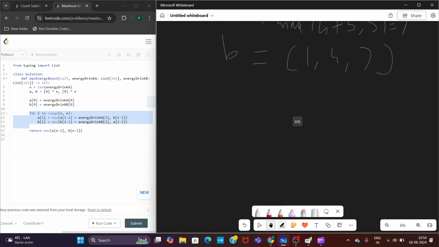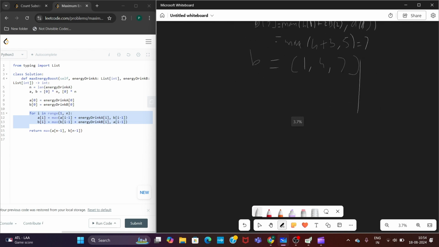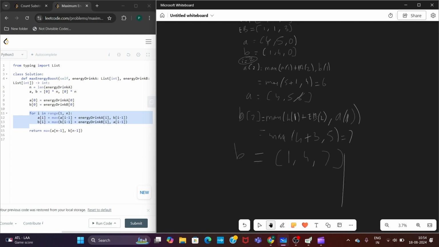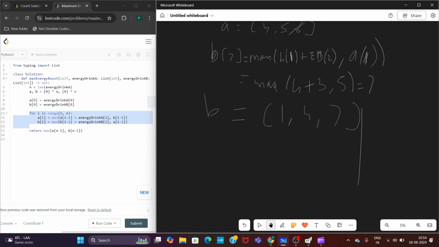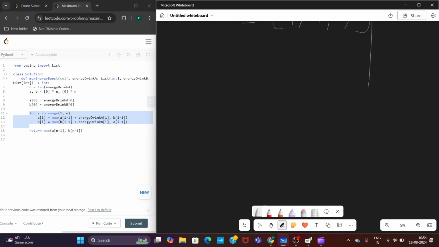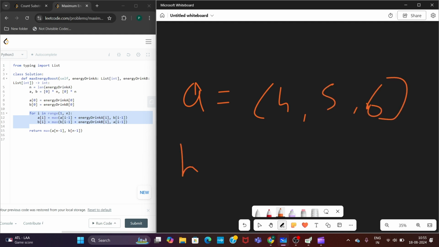So at last I have got all my a and b over here by doing this simple iteration. My a is basically 4, 5 and 6, and b is basically 1, 4 and 7.